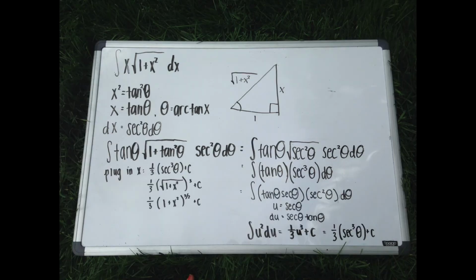In order to finish the problem, you're going to have to solve in terms of x again. So you need to plug in using the triangle the hypotenuse over adjacent for secant, and that will give you 1/3 times the square root of 1 plus x squared, cubed, plus c.